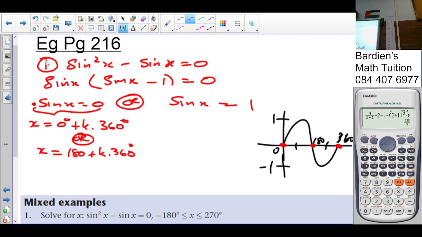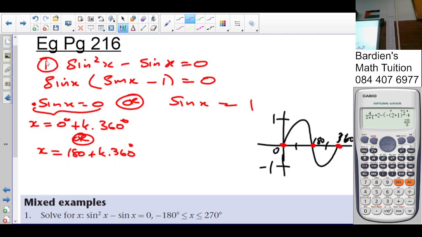So instead of saying this, I could have written it as once: x is equal to 0 plus k times 180. That is equivalent to that. If you don't know that, it's fine. Leave this out. You'll still get 2 marks doing what you did here. But you'll see me, I will always write both, just to get you on board.